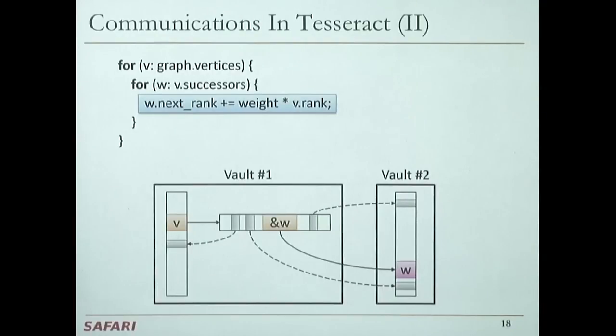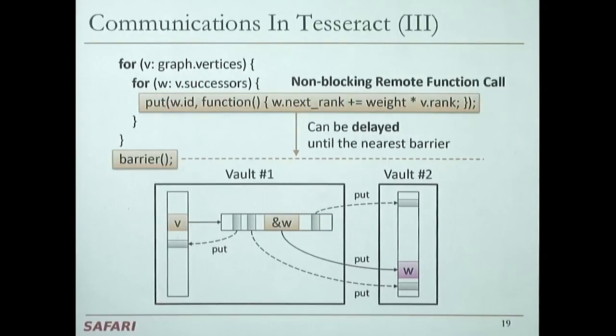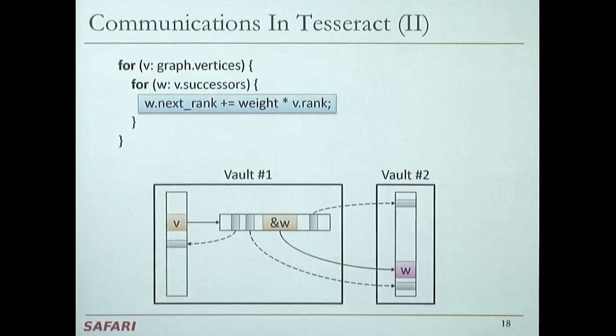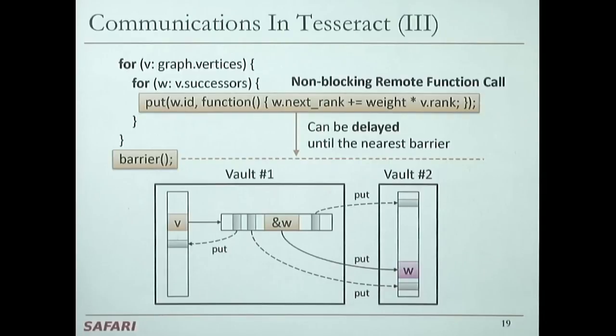You change this part of the code such that you send a message. Instead of doing this, which is assuming that you're doing this on this processor, you basically send a put message. It's just a name. For node W, to be executed for node W, please execute this function for me on that W. And the function is basically this.